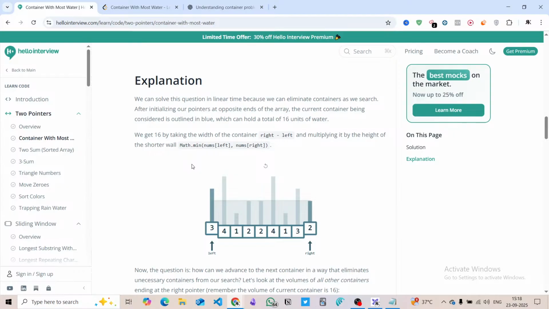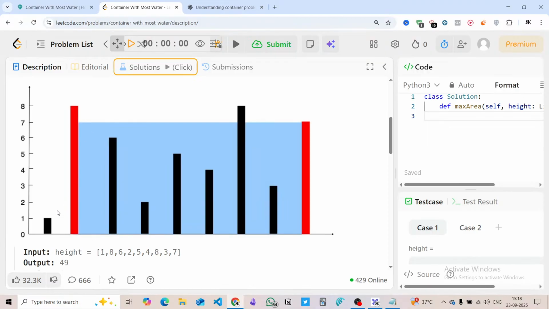Oh, okay. So the approach is like first we need to pick these two. The main math behind this is multiplying the height and the width of the containers. So let's say if we take the last one, the height of this is 1, and the height of this is 7. From these two we need to take the shortest, because the water can be held only up to the shortest one.